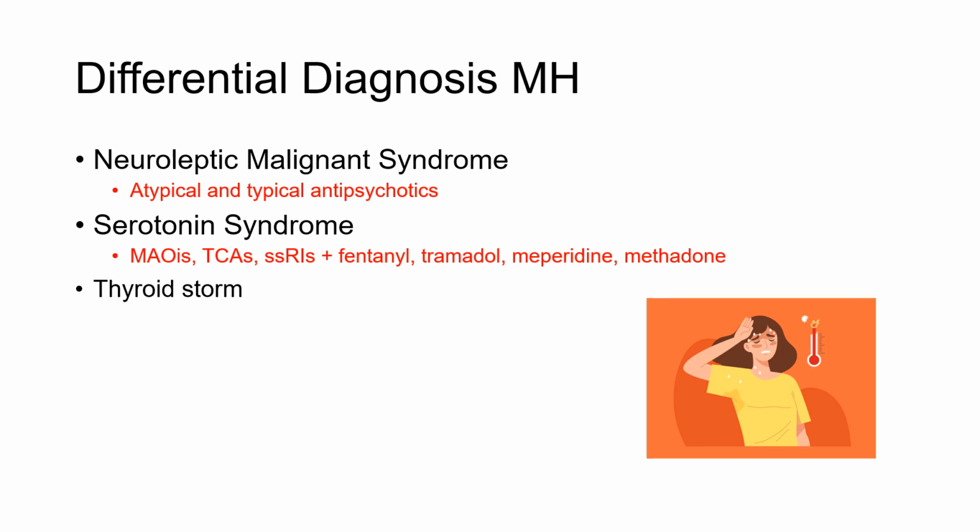Serotonin syndrome is a hyperthermic condition triggered by exposure to serotonergic agonist drugs such as tricyclic antidepressants, monoamine oxidase inhibitors, and serotonin reuptake inhibitors, and can be triggered with exposure to other perioperative medications that we commonly use. For example, opioids like fentanyl, tramadol, meperidine, and methadone, metoclopramide, and serotonergic agonists for post-op nausea vomiting treatment or prophylaxis.